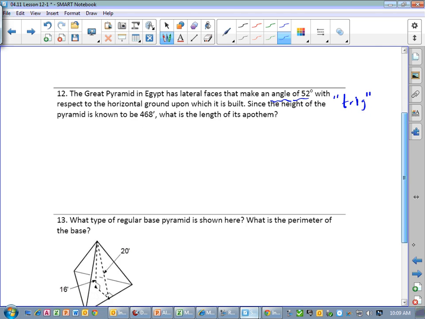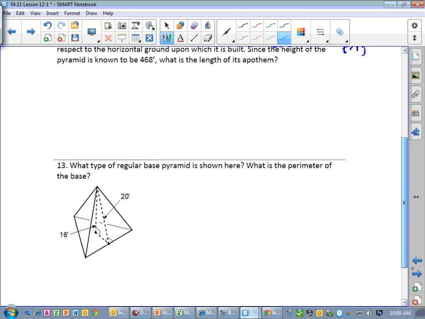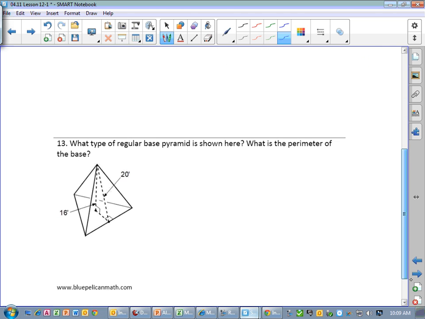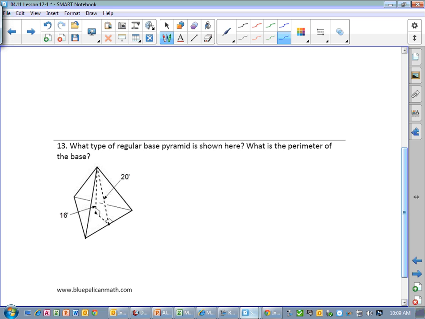And then number 13, I'll give you a hint. There's going to be 2 parts. You're basically going to have to find the apothem and use the apothem. And this is a regular base.